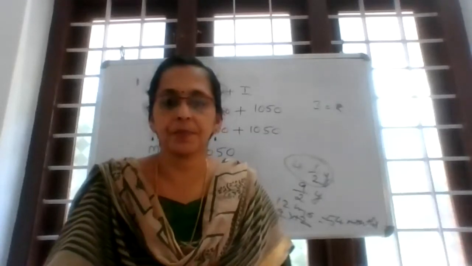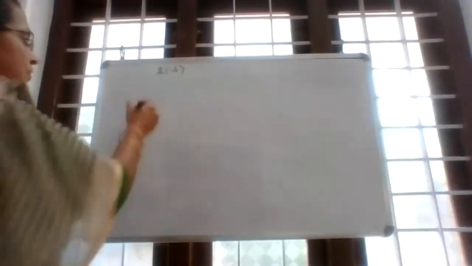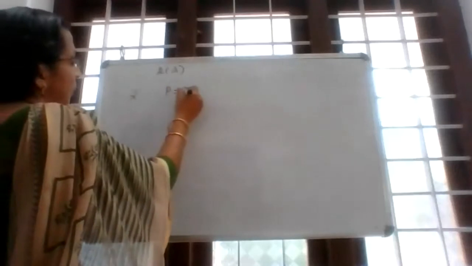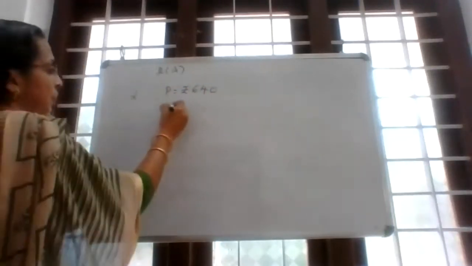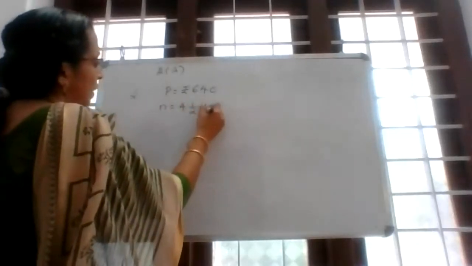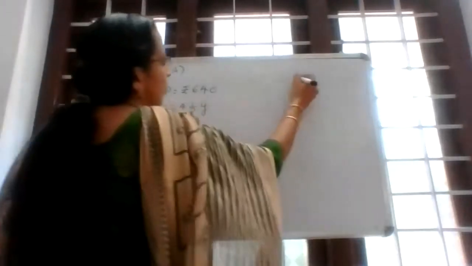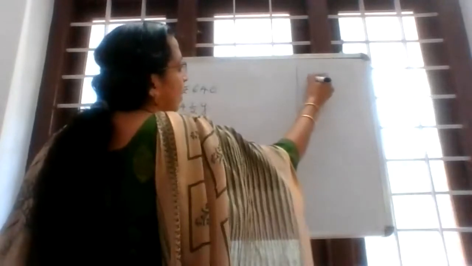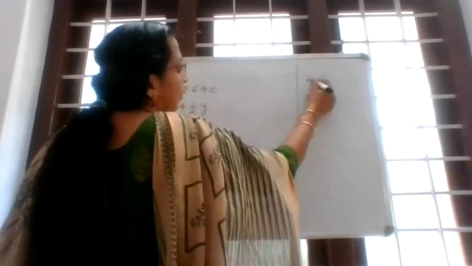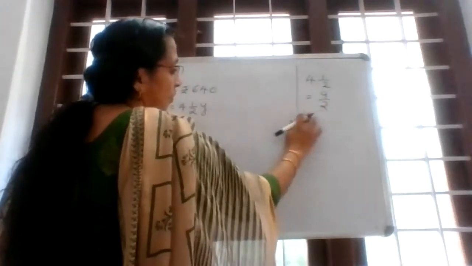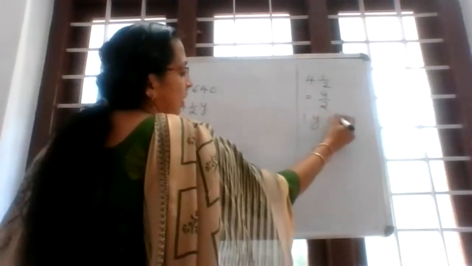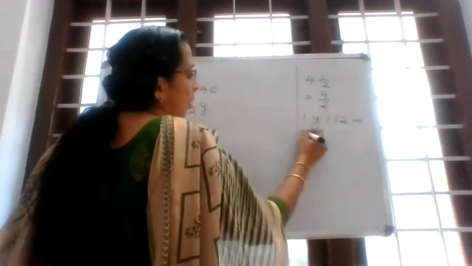Okay. So P is equal to rupees 640. N is equal to 4 1/2 years, so do it in the working order, that is better. 4 1/2 is equal to 4 into 2, 8 plus 1, 9/2. Before that, 1 year is equal to 12 months.